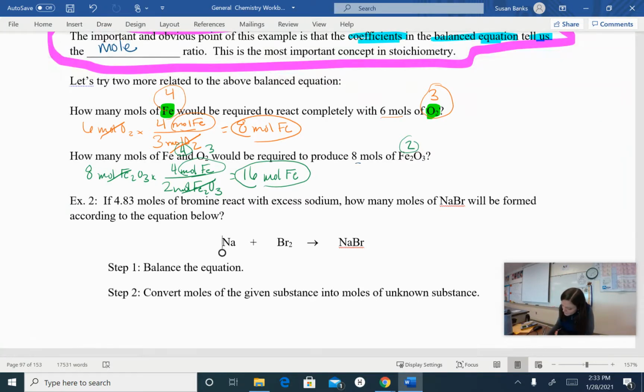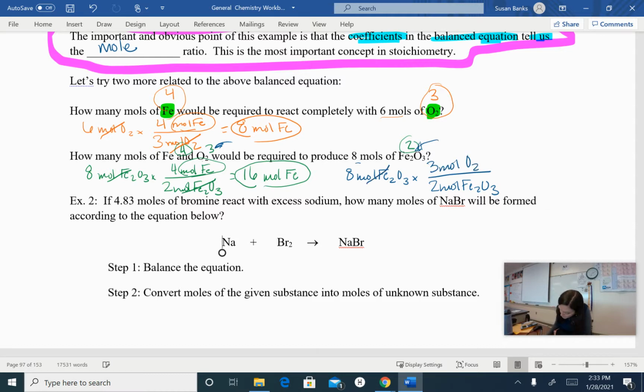So once again, I'm going to start with the 8 moles of the iron 3 oxide. And I want to get my moles of iron 3 oxide to cancel, so I'm going to put the relationship from the balanced equation. 2 moles of iron 3 oxide react with 3 moles of oxygen, or from 3 moles of oxygen.